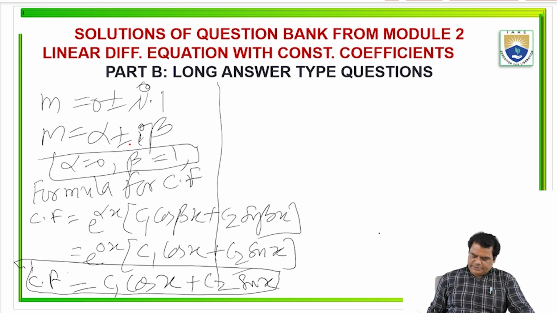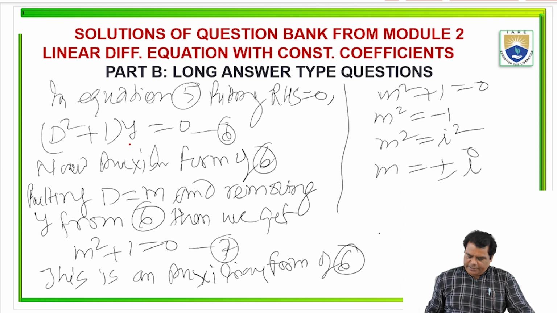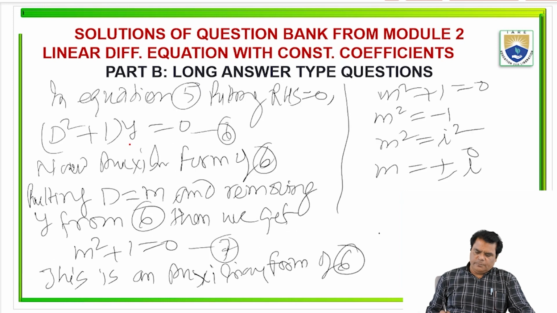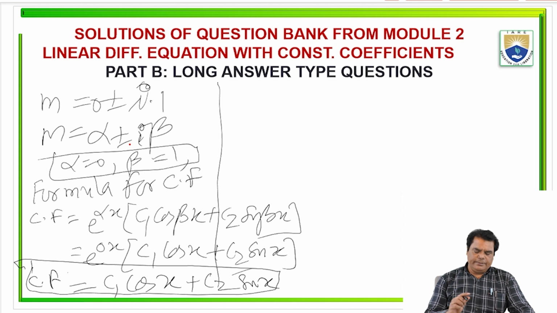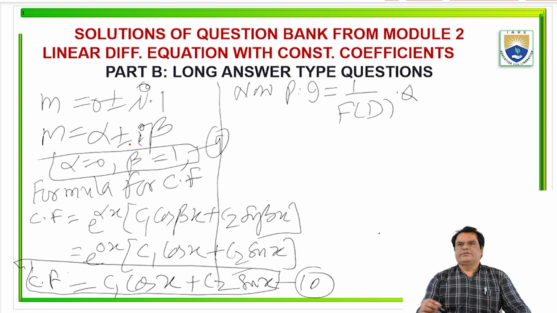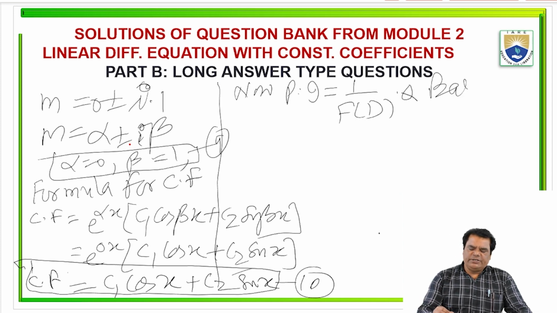So this equation is 8, this is 9 and this is 10. The complete solution is 10. Now PI, the particular integral, equals 1 upon F(D) into Q. This is the basic formula.